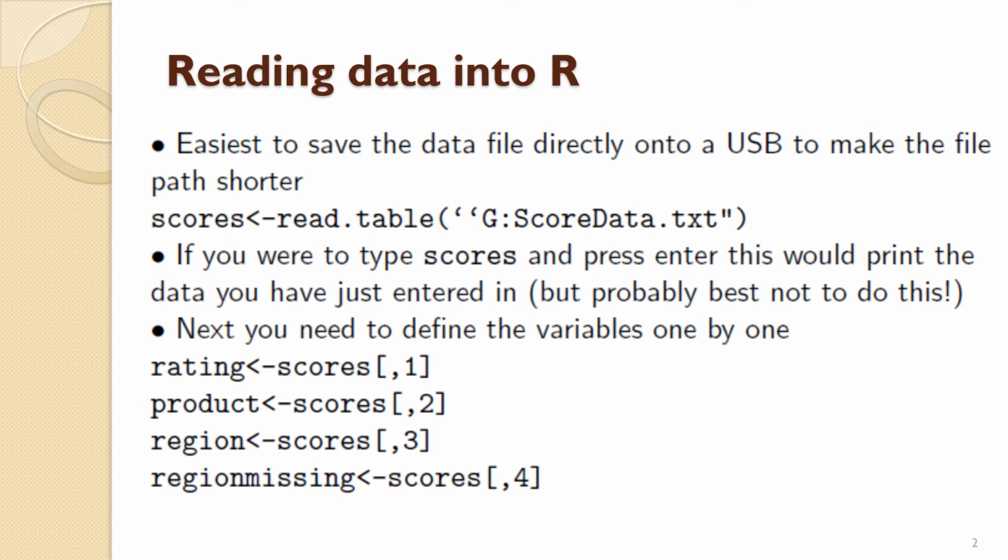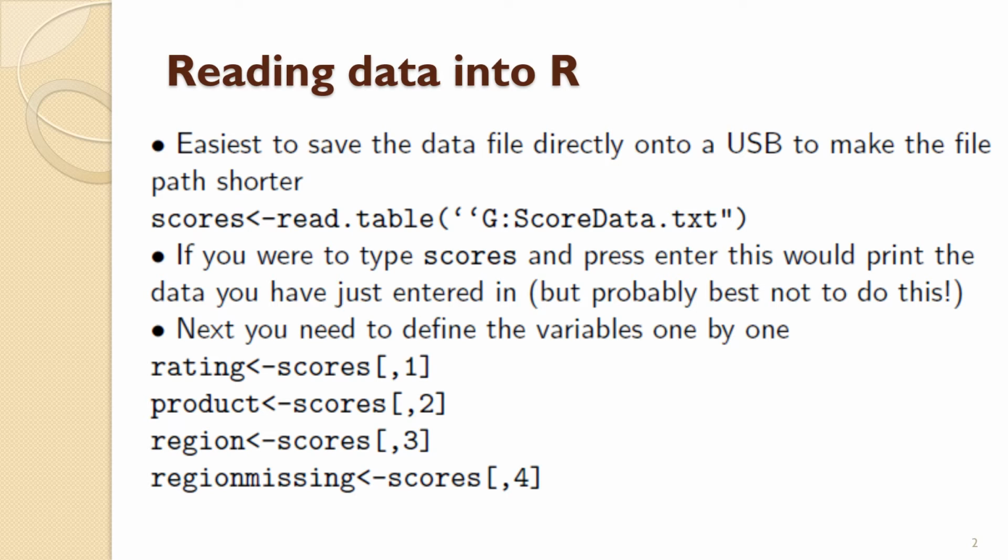If you're doing this in R, then if you type in scores and press enter, this will print out the whole data set that you've entered and the data that R recognises with the word scores. Probably best not to do this given that there are 24,000 observations here. The next thing you need to do is define the variables one by one. In R you always use square brackets, and this works like coordinates, row, column.